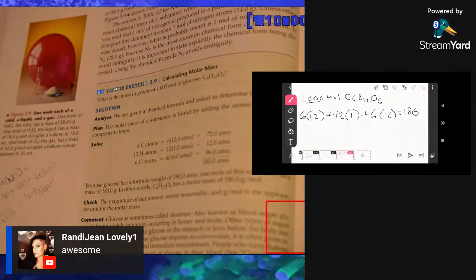So let's say 180 grams is equal to 1 mole. 1 mole of glucose is equal to 180 grams.